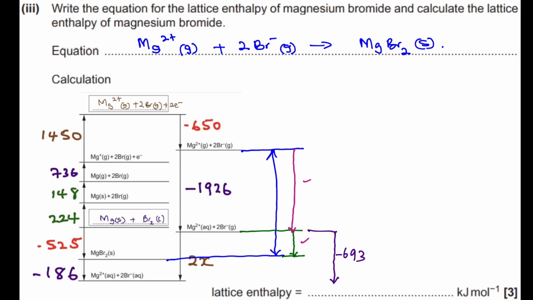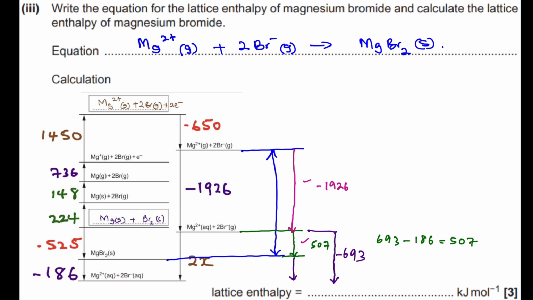And I know that the difference, the green bit here, will be 693 minus 186. And you can see what the 186 is, this one here. So that's 186 here. That will give us 507. So now we see we want 507, so this is 507.